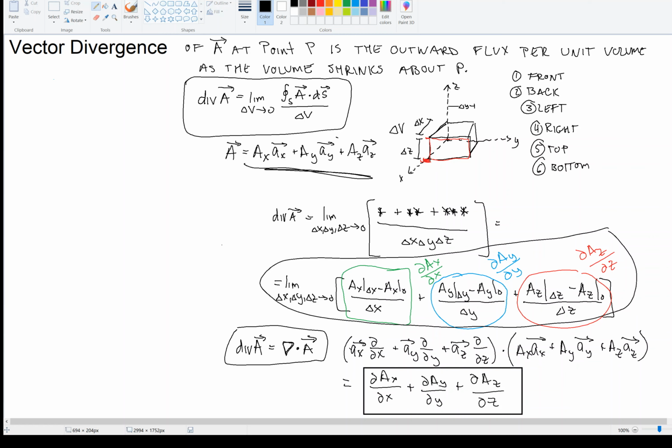Okay, and it's a scalar, right? It's a measure of how much these arrows are diverging at a point P.